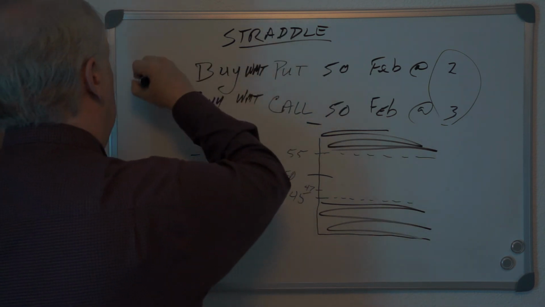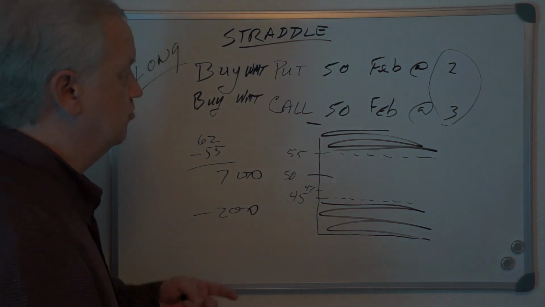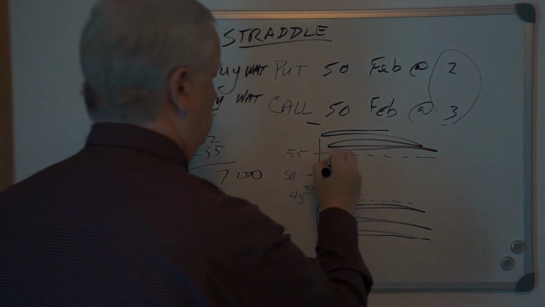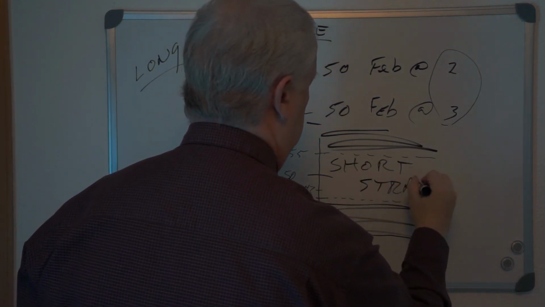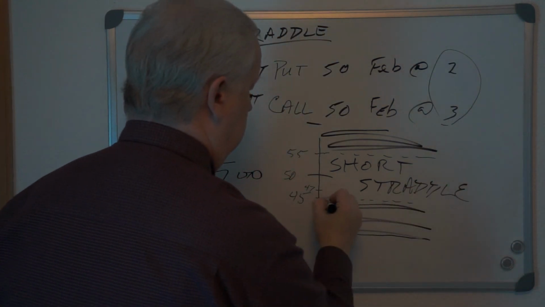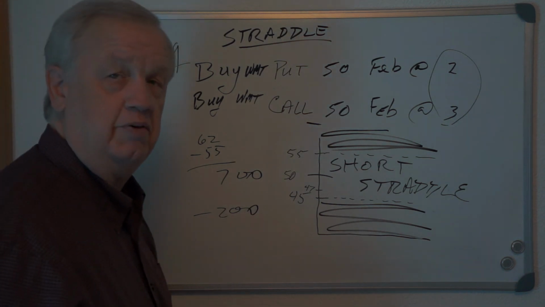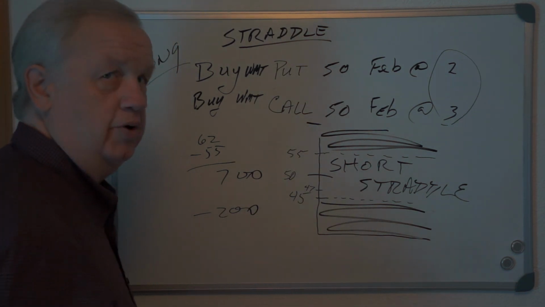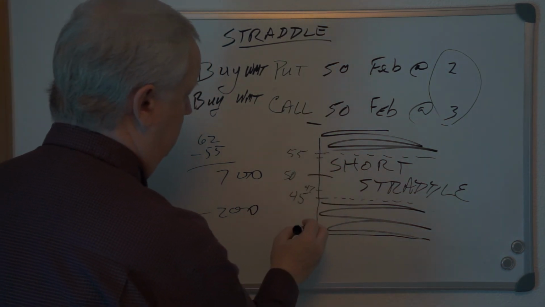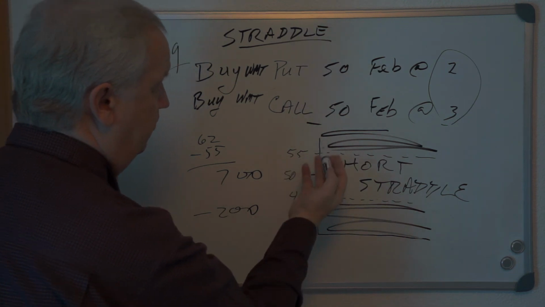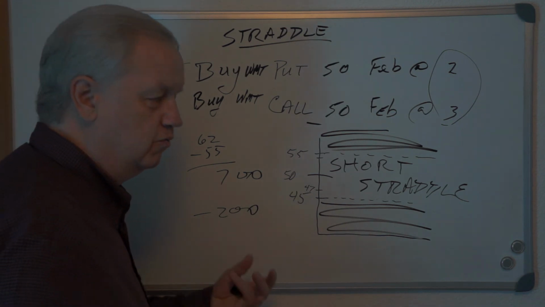This is a long straddle. The short straddle is just the opposite. Short. This is where the short straddle profits. It has the same break-even point. Okay? The same break-even point. If it goes to here, how much did it make? Let's say that's $54.50. It made $4.50. Multiply that by 100. $450.